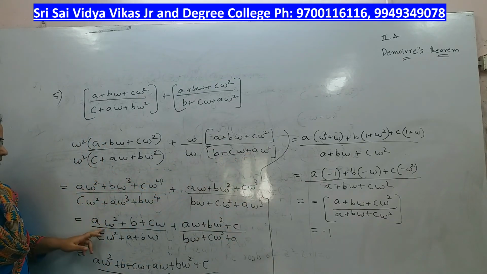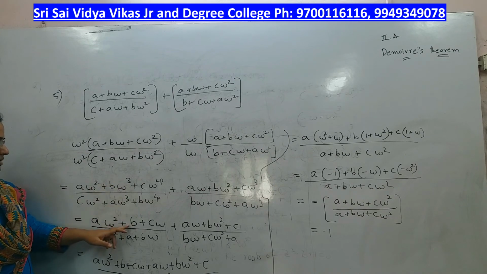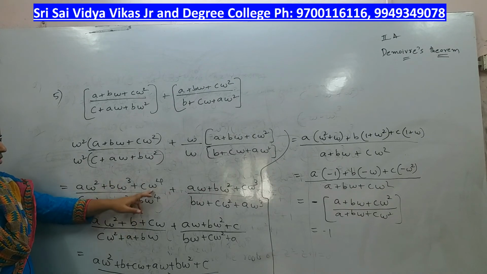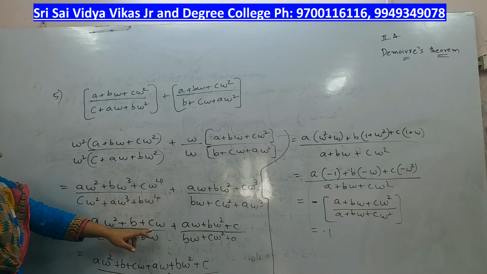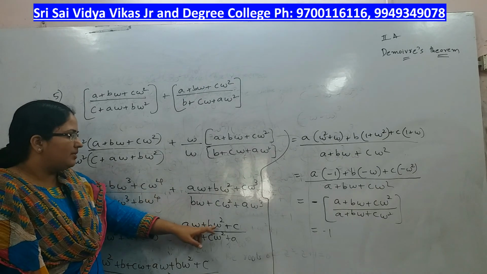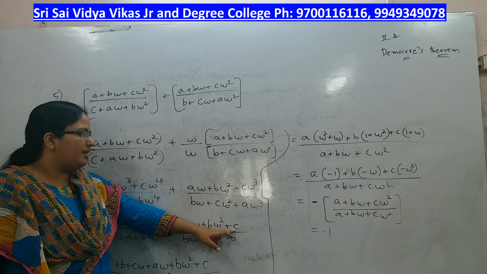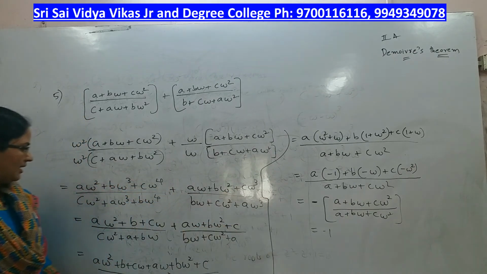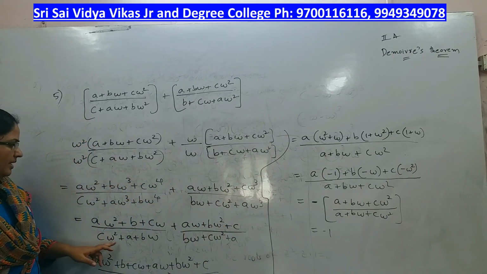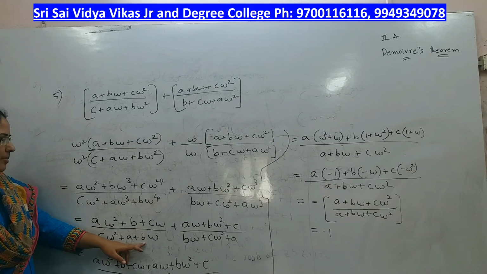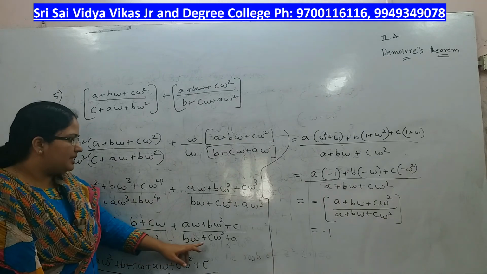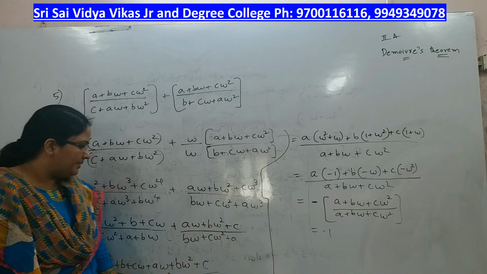Now aω² as it is, ω³ can be written as 1, that is b, plus ω⁴ is ω³·ω, that is ω, plus aω + bω², cω³ is 1. So you get c over (cω² + a + bω) plus (aω + bω² + c) over (bω + cω² + a).